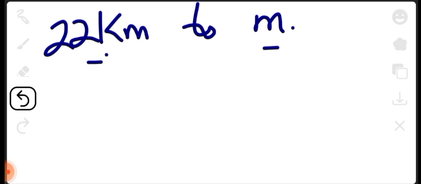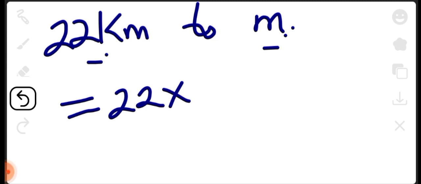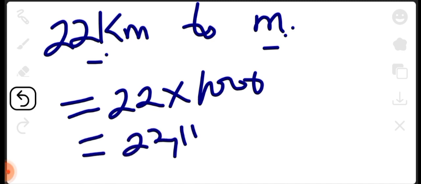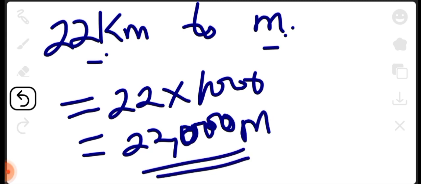That means kilometer is higher than meters. We're going to multiply since we are moving from bigger to smaller. So the answer becomes 22 times 1000, which is the relationship between meters and kilometers. Not divide, times 1000. That gives us 22,000 meters. So 22,000 meters is equal to 22 kilometers. As simple as that. So thank you.